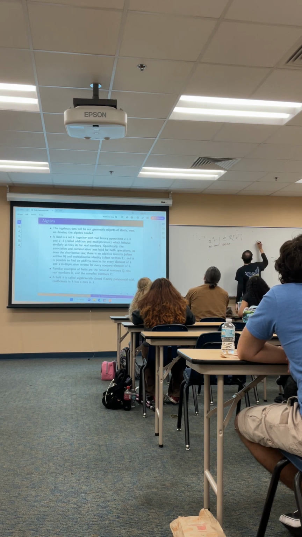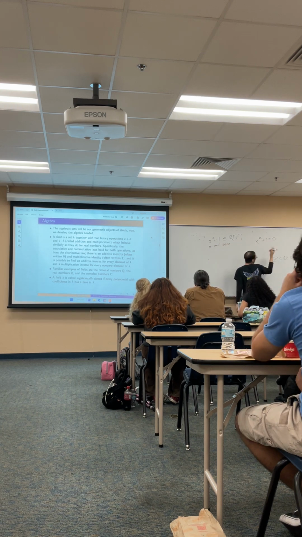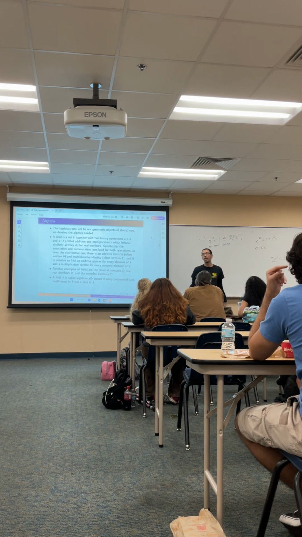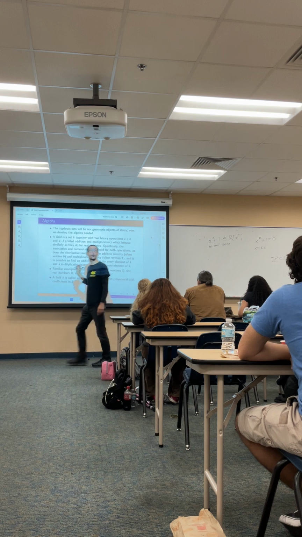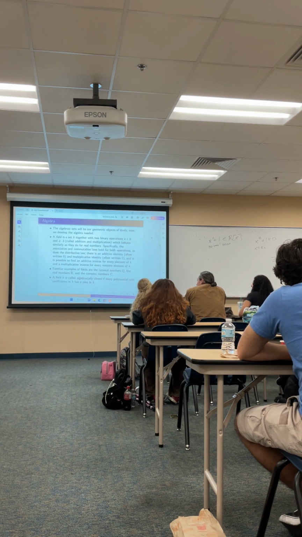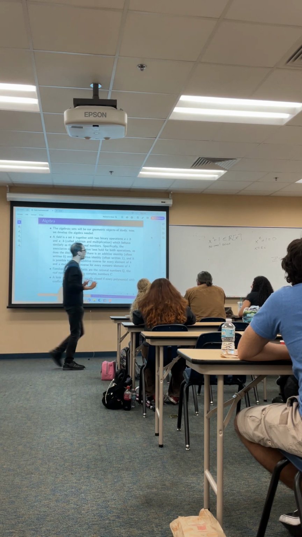The solutions to the equation x squared plus 1 equals 0 are x equals plus or minus i, the imaginary unit, which are not real numbers, right? So x squared plus 1 is a polynomial with real coefficients, but it does not have any zeros in the real numbers.